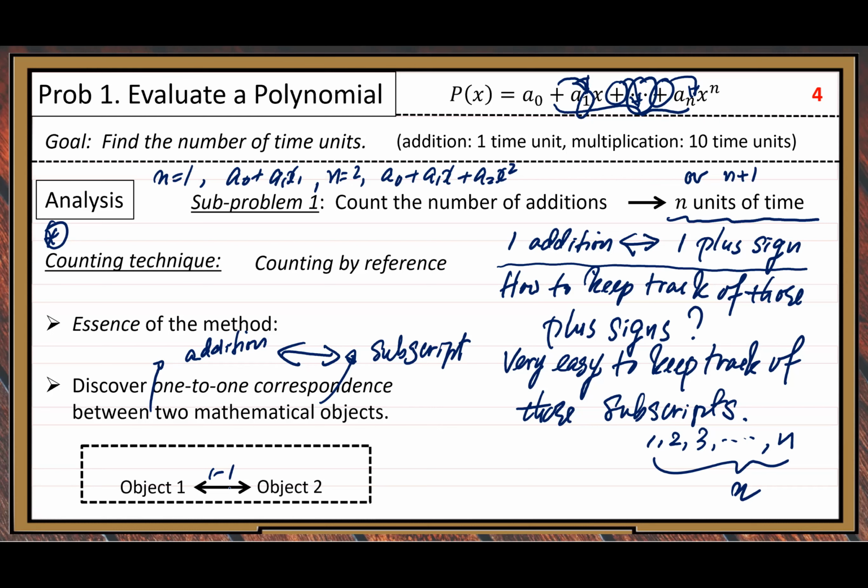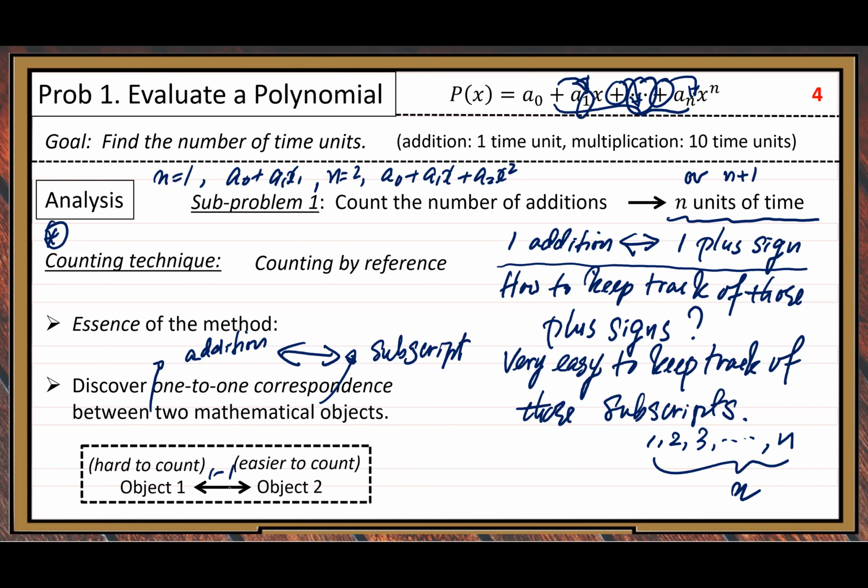But it is very easy to keep track of the number of object 2. Object 1 is hard to count, but object 2 is easier to count. Then we just count the number of object 2, and we can get the number of object 1 from the number of object 2. That is the essence of this method.